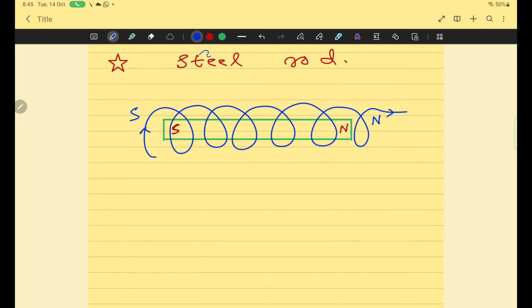Because steel is a hard magnetic material. Hard magnetic material means it takes time to magnetize and it takes time to demagnetize. It does not respond quickly. And when it is magnetized once, it becomes a permanent magnet.